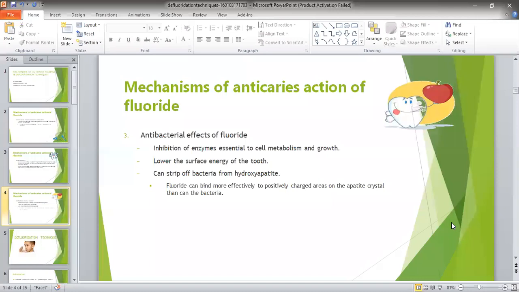Okay, it will also lower the surface energy of tooth. Okay, and it will also strip off bacteria from hydroxyapatite crystals. Okay, so fluoride can bind more effectively to positively charged areas on apatite crystals than the bacteria.